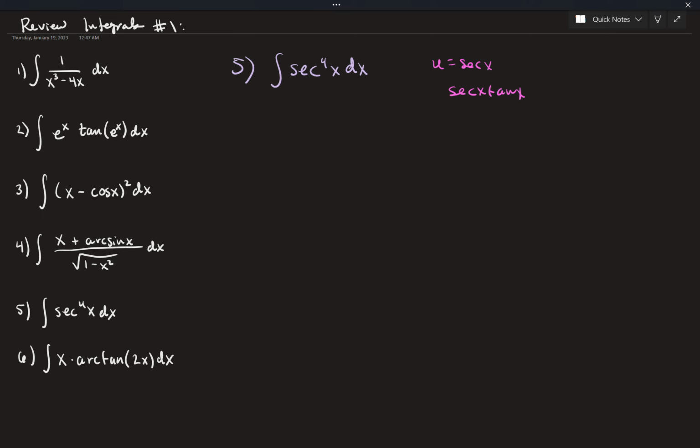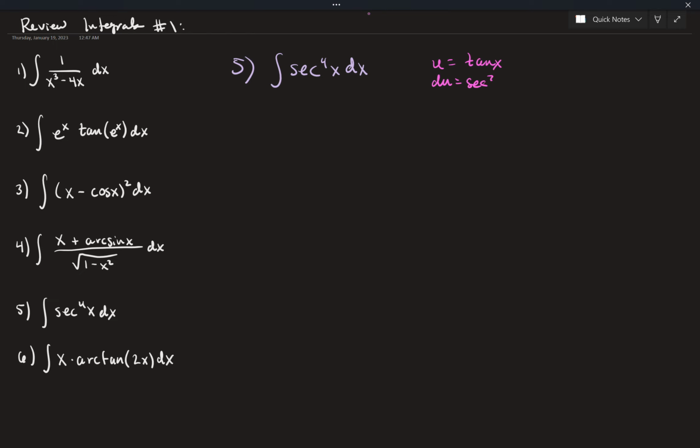Every secant squared turns into a tangent squared. It's really hard for me to just take out one. So you can try it if you want. It's probably a good exercise to see why that doesn't work exactly, but just my gut feeling tells me that tangent's going to be the way to go.